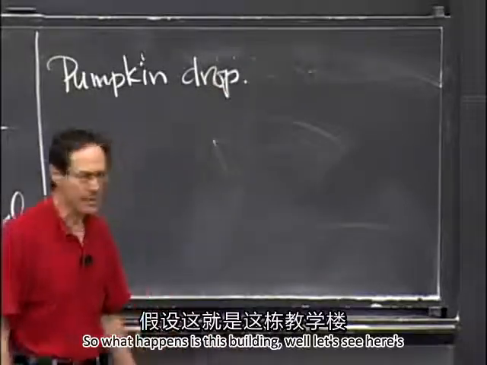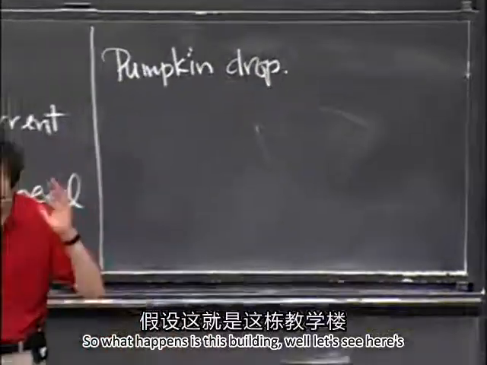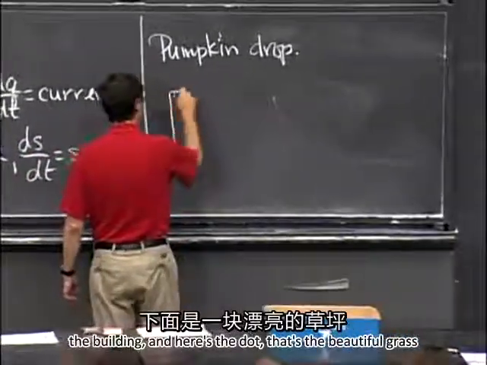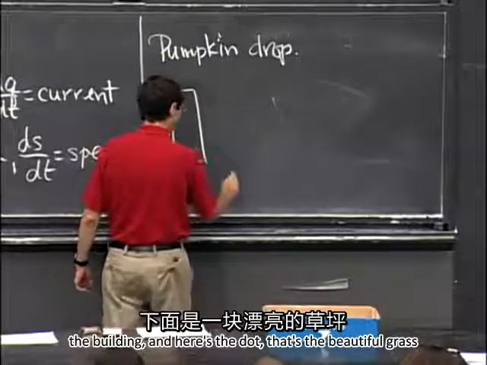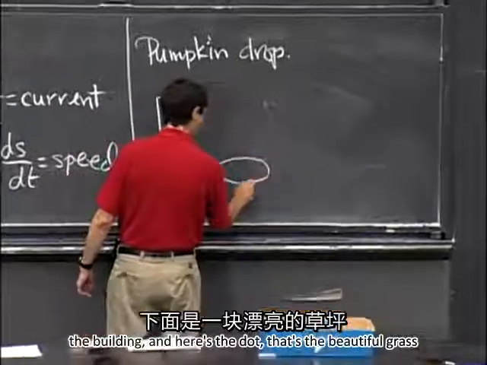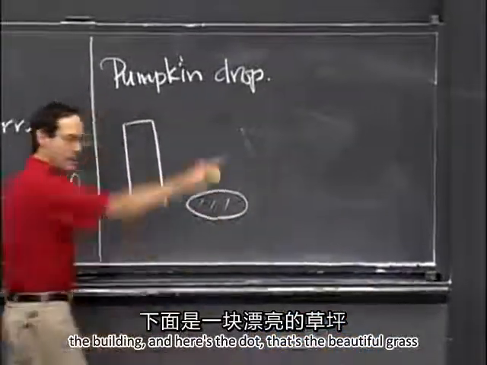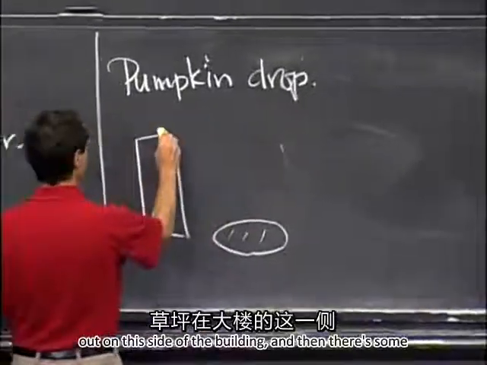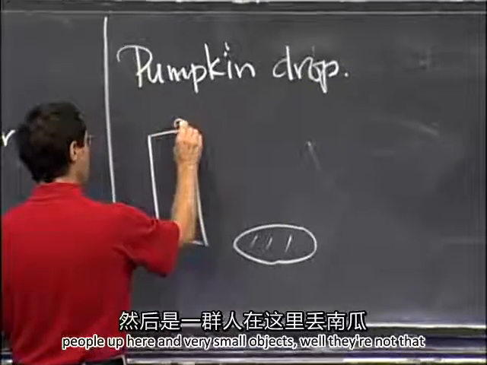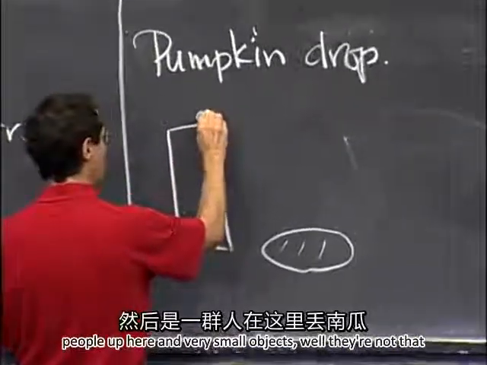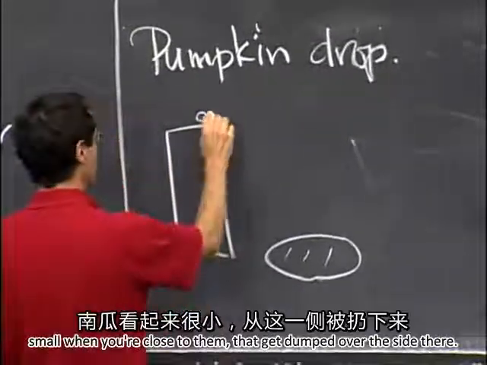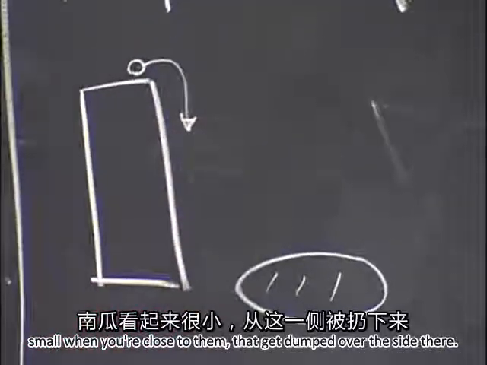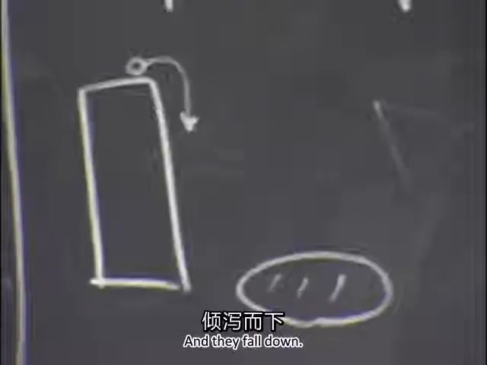So what happens is this building, well, let's see, here's the building. And here's the dot. That's the beautiful grass out on this side of the building, okay? And then there's some people up here and very small objects. Well, they're not that small when you're close to them, that get dumped over the side there, and they fall down.